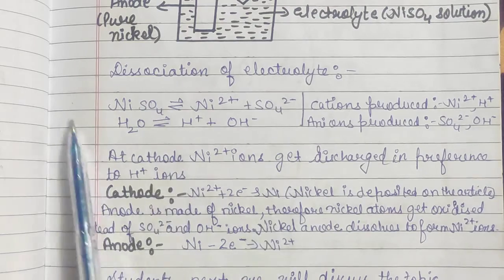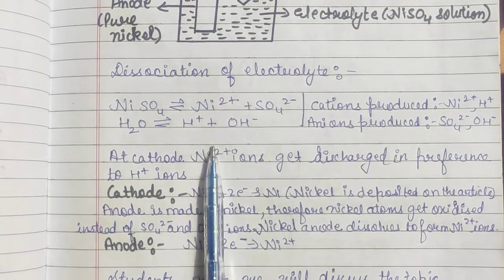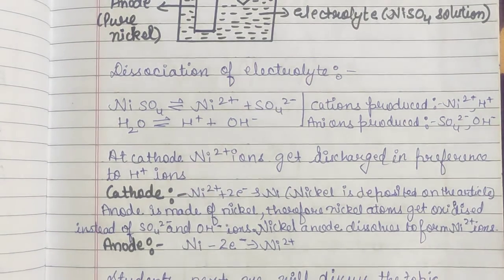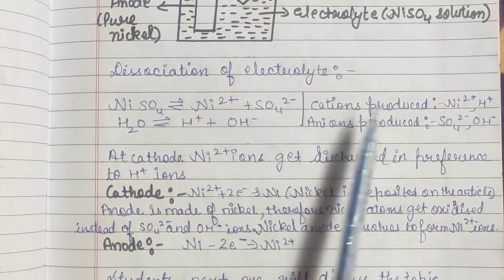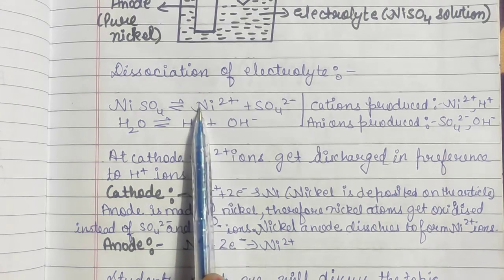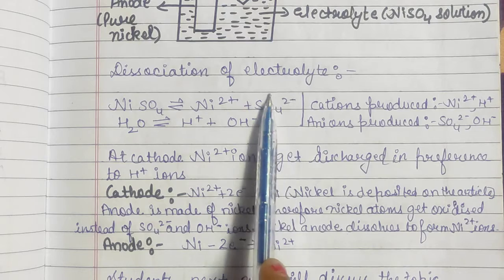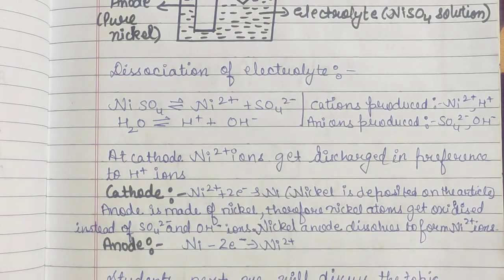This part is the main part for all electrolysis with any elements. So what are the cations and anions produced here? The cations produced are nickel, which is of positive charge, and from the water it is H+, and the anions produced are SO4 2- and OH-.